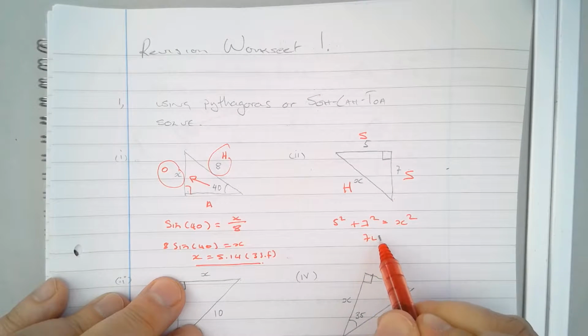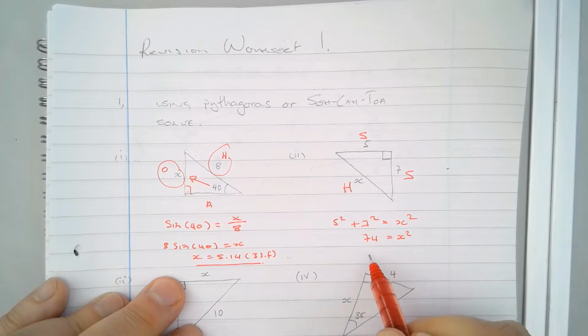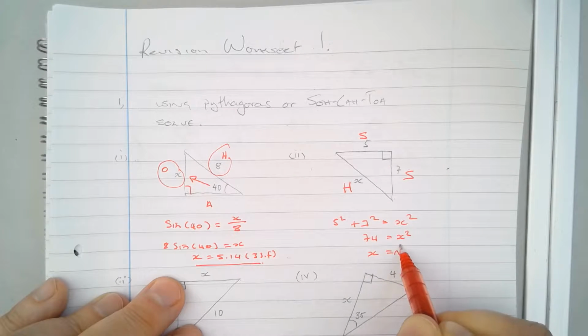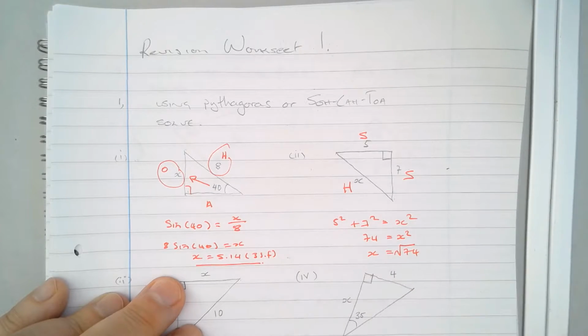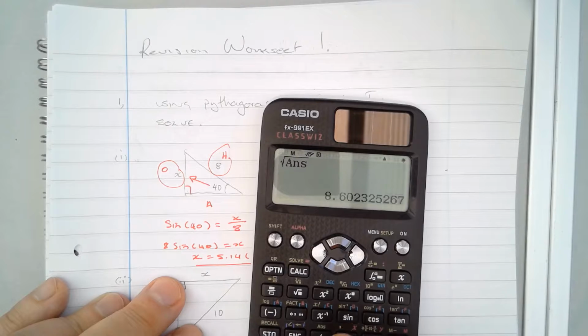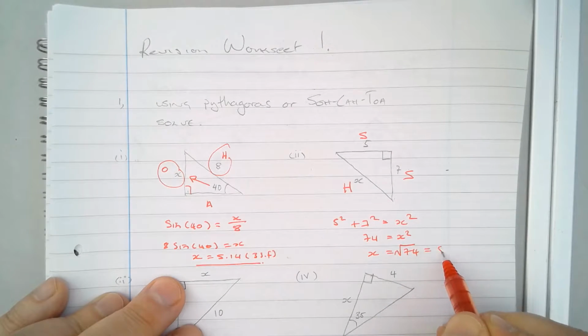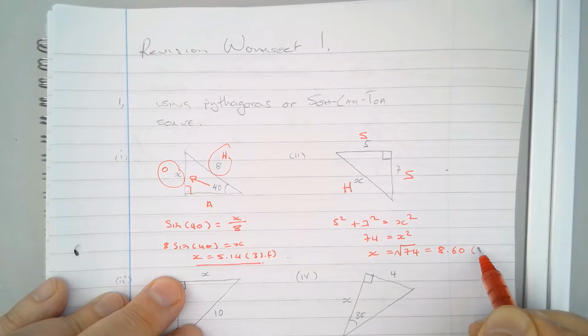So 74 equals x squared. So x is equal to the square root of 74, which I get as 8.60 to 3 SF.